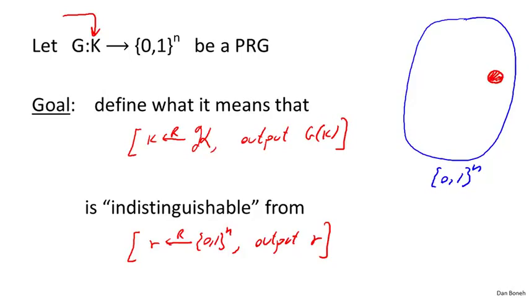It's tiny inside of {0,1}^n, and this is really all that the generator can output. And yet what we're arguing is that an adversary who looks at the output of the generator in this tiny set can't distinguish it from the output of the uniform distribution over the entire set. That's the property that we're actually shooting for.